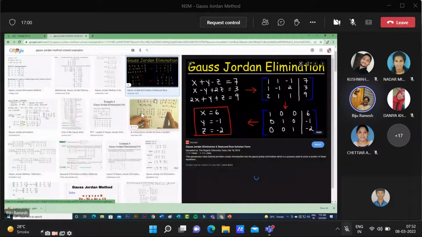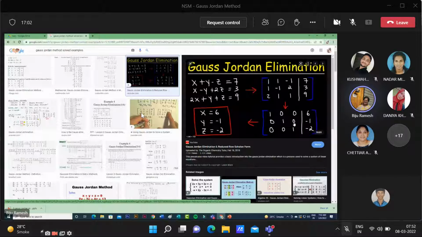Is this what you are talking about? Yes, this is what you are doing in your theory, right? Everybody in the lecture, yes. So the diagonal elements will be made as 1, the rest will be 0.